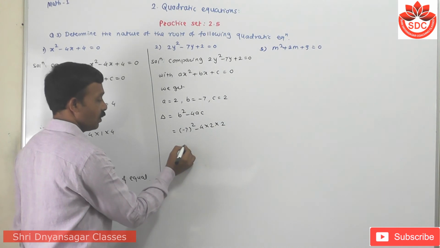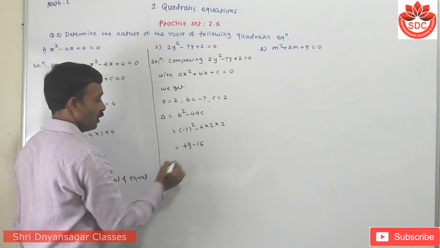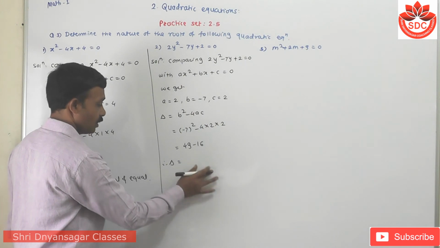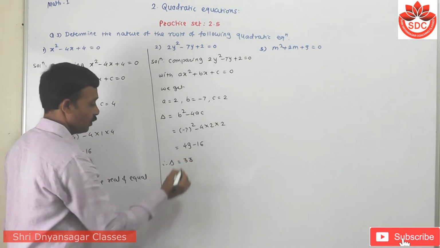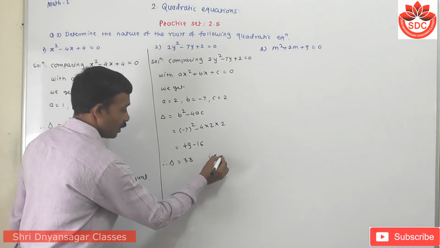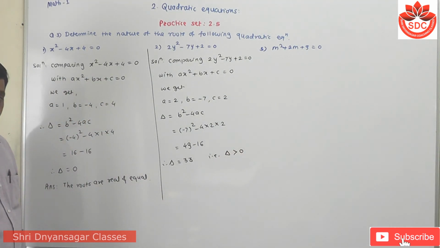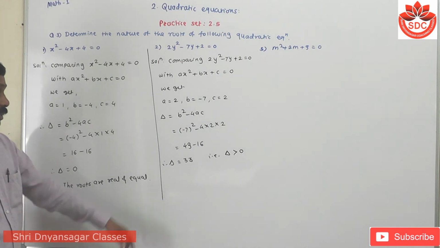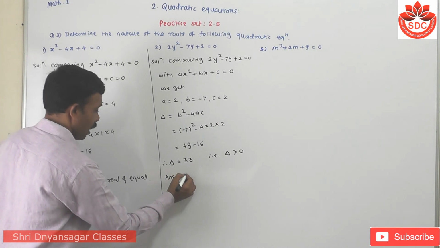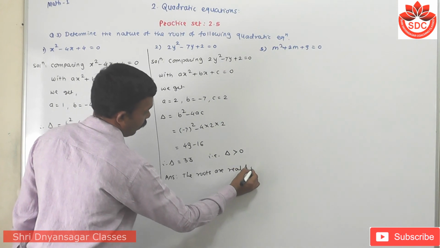Minus 7 square is plus 49, minus 4 times 2 times 2 is 16, so 49 minus 16 is 33. Delta is greater than 0, therefore the roots are real and unequal.